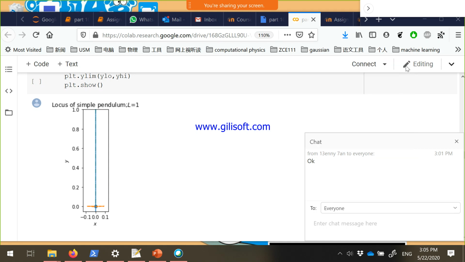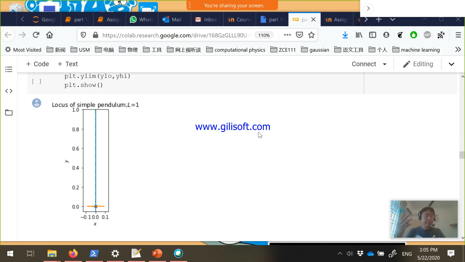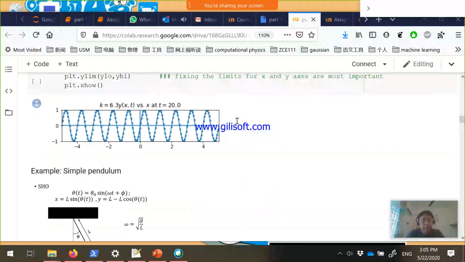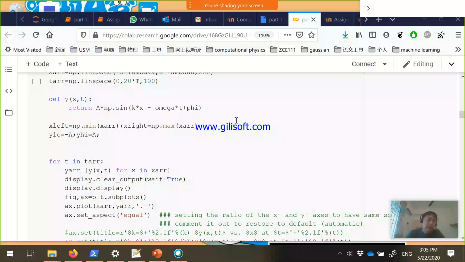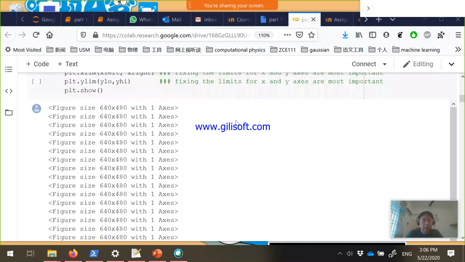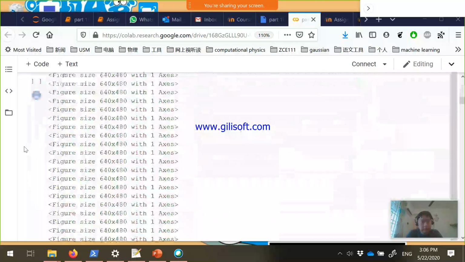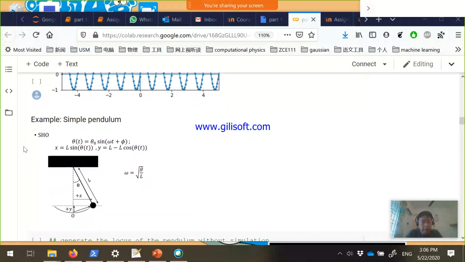Okay, so the idea is to make use of what we call parametric equations. I keep on telling you about parametric equations. Remember, a parametric equation is a set of equations that dictates how the x and y coordinates of a function change with time. A better example would be the pendulum.